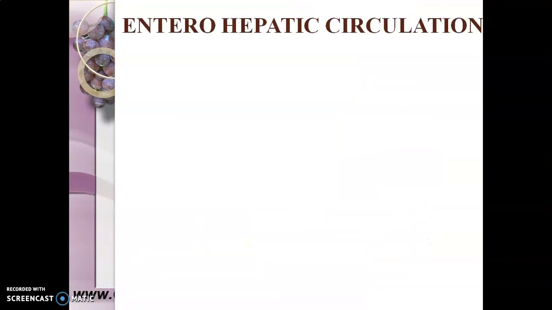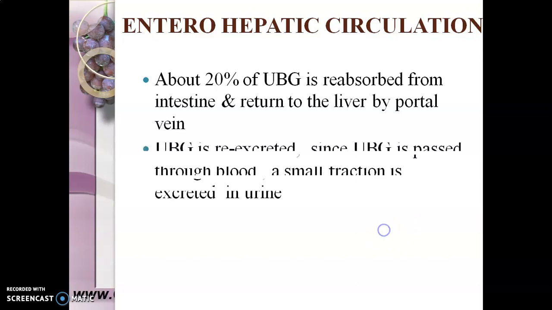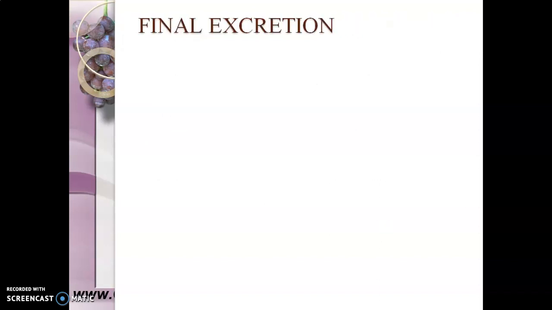So in the enterohepatic circulation, about 20% of urobilinogen is reabsorbed from the intestine and returned to the liver by the portal vein. Since urobilinogen passes through blood, a small fraction reaches the kidney and is excreted in urine. So the final excretion is as urobilinogen in urine and stercobilinogen in feces.